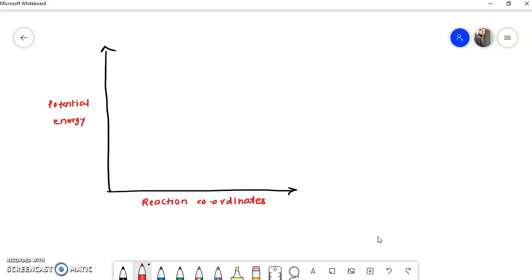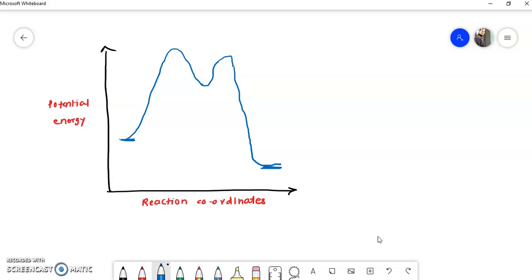So consider here, first of all there will be alkyl halide. Then there is activation energy required to reach this transition state. So this will be transition state 1, then this will be transition state 2, and finally we get the product here.